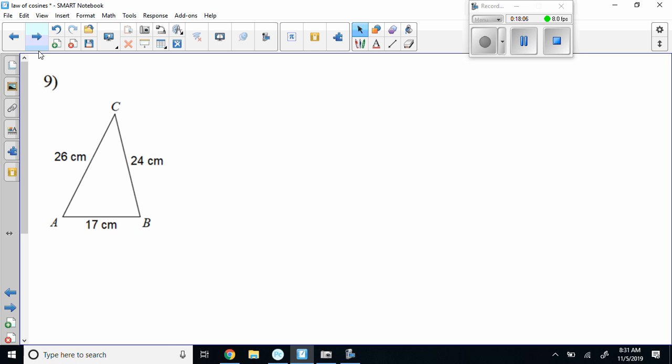You drop in an altitude to get that. You have to have a right triangle, so we know we have to drop an altitude. I can find that derivation if you like. Send me an email and I'll send you the link.